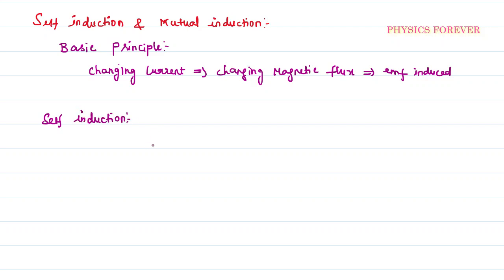I have to write the first formula: self induced EMF is equal to minus L di by dt, change in current with respect to time t. So this is the most important.